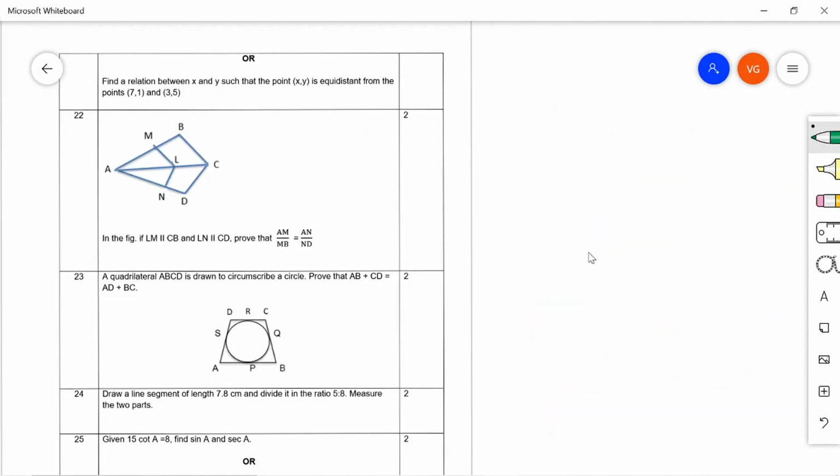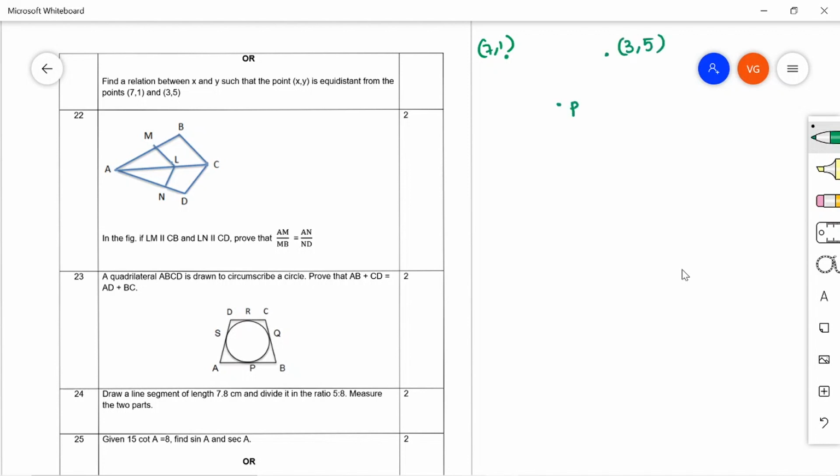You are given with an internal choice in the question number 21. So the other question given here is, find a relationship between x and y such that the point x comma y is equidistant from the points 7 comma 1 and 3 comma 5. So again, this question is also from coordinate geometry. So check it out. You have one point 7 comma 1 and somewhere other point 3 comma 5.